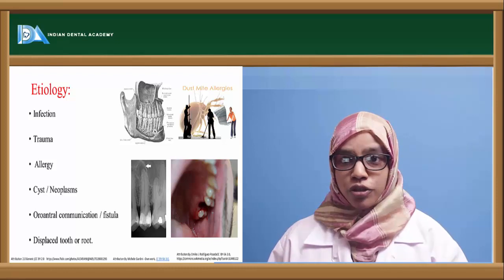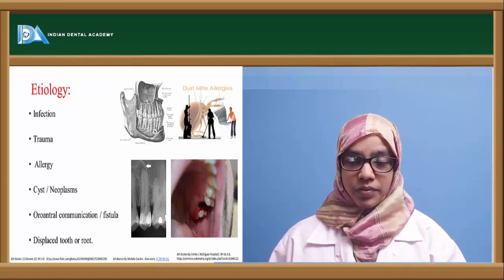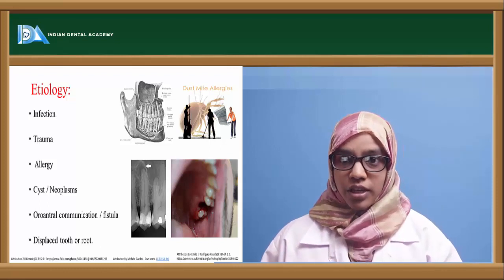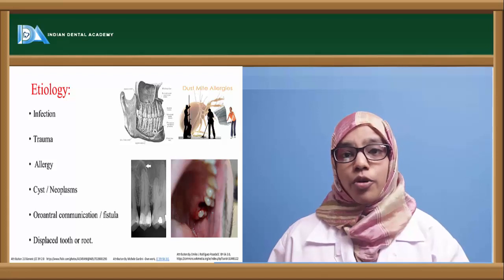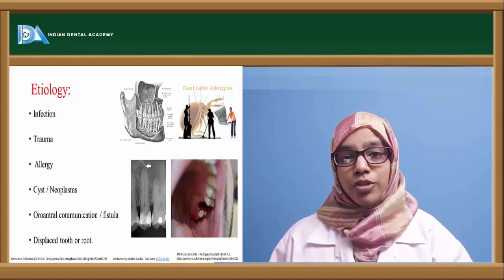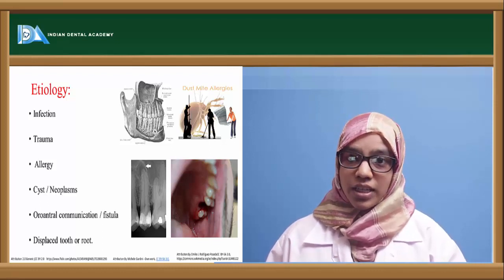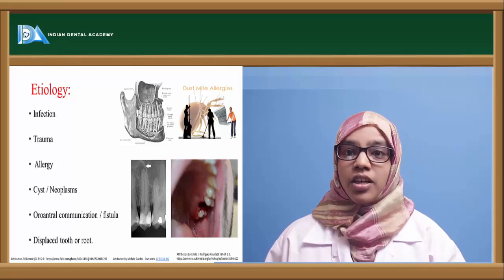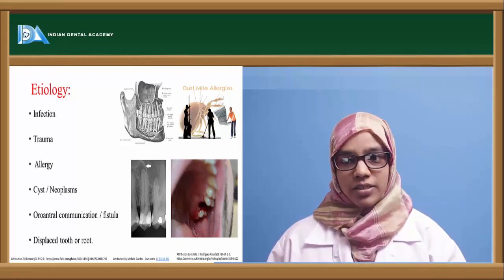Any kind of pathology, cyst or tumor associated can result in maxillary sinusitis. Trauma to the facial region can cause a breach in the continuity of the maxillary sinus. More commonly, trauma to the anterior wall of the maxilla causes a communication between the oral cavity and the maxilla. Since the oral cavity contains a number of microorganisms, the sinus can get infected and result in maxillary sinusitis.